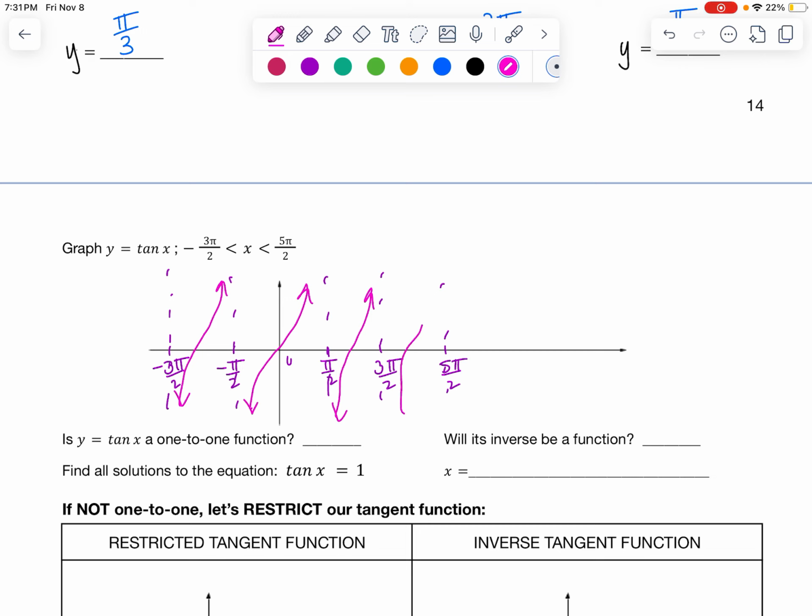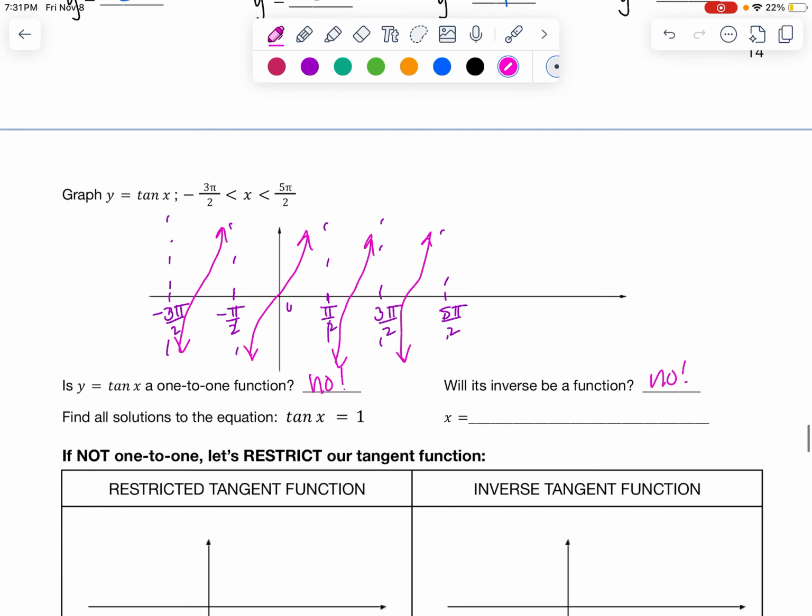Okay, so this one would also not be a one-to-one function. So then the inverse must not be a function. And again, you're asking yourself, what values of x give me a tangent of 1? This is when we have pi over 4. And I'm going to go ahead and condense it to pi over 4 plus pi k, where k is in the set of my integers.